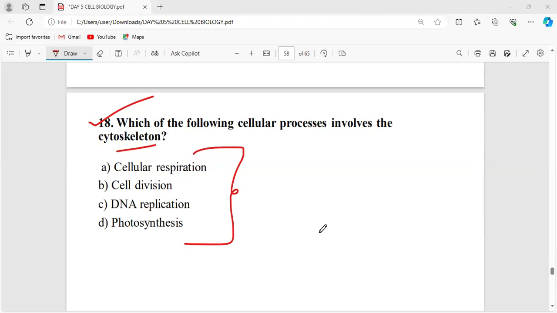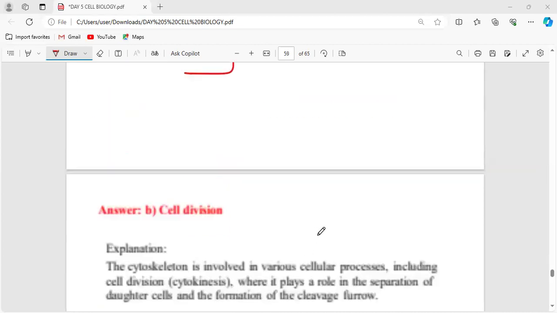Spindle is assembled by which one? Microtubule, or microfilament, or intermediate filaments? Very good. Microtubule is the one assembled into spindle fibers.